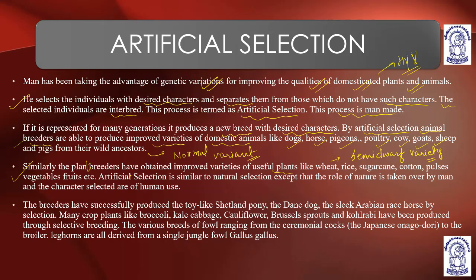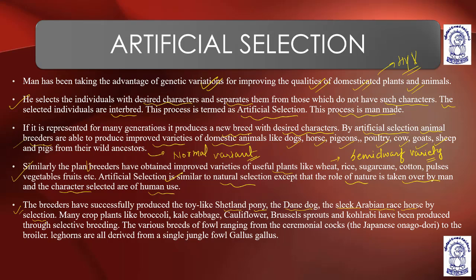Artificial selection is similar to natural selection, except that the role of nature is taken by man. And the characters selected here are of human use. The breeders have successfully produced the toy-like Shetland pony, the Dane dog, and the sleek Arabian racehorse by selection.